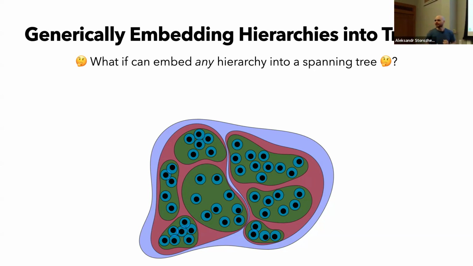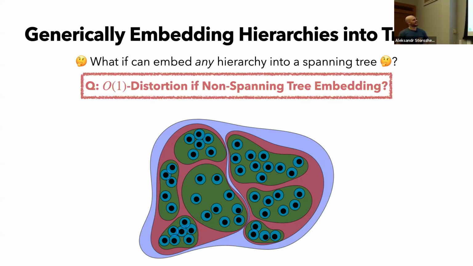Now, coming back to your question, I claim that if I do not want a spanning tree, it's somewhat trivial to get constant distortion. I give you any hierarchy, and I want you to represent the distances in this hierarchy with a tree, but you can make up edges and assign them whatever weights you want.